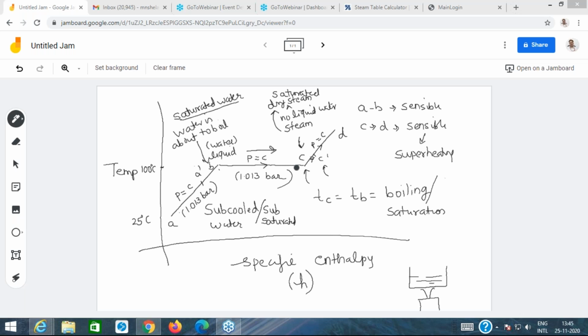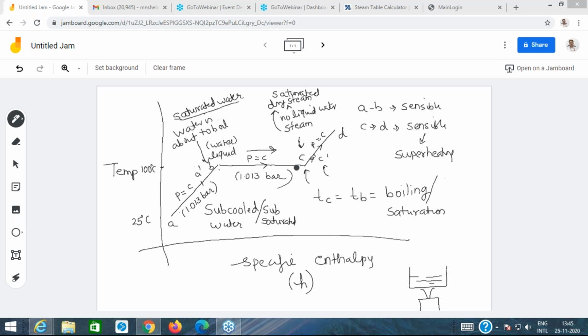So what is dry saturated steam? Dry saturated steam is a steam which is about to superheat if you heat it at constant pressure, or which is about to condense if you remove the heat at constant pressure.